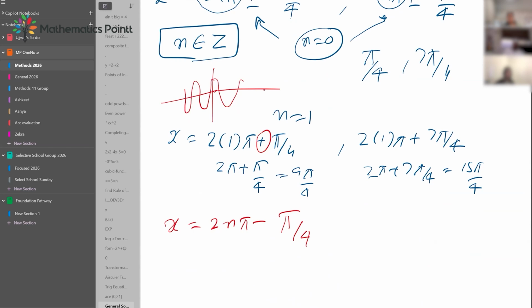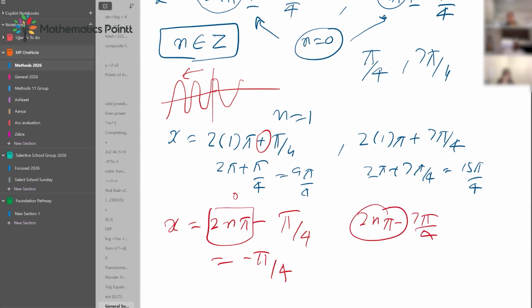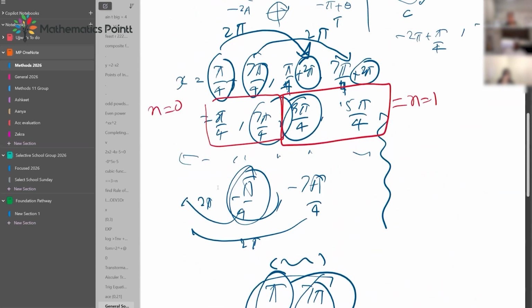So n equals 0 means all of this is 0. You get negative pi on 4, the value that we got. And the other one was 2n pi minus 7 pi on 4. Plug in n equals 0, you get negative 7 pi on 4.